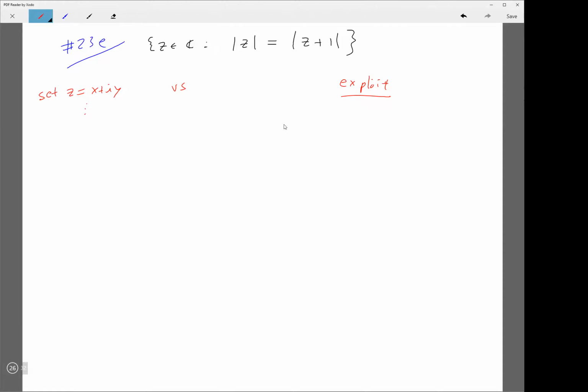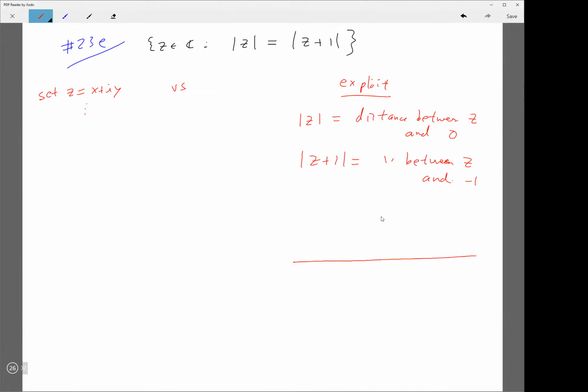The modulus of Z is equal to the distance between Z and 0, and the modulus of Z plus 1 is equal to the distance between Z and -1.